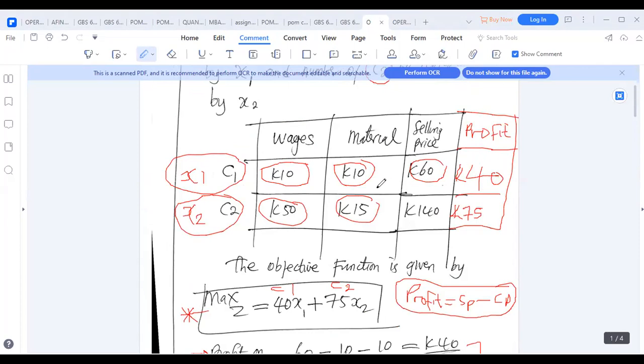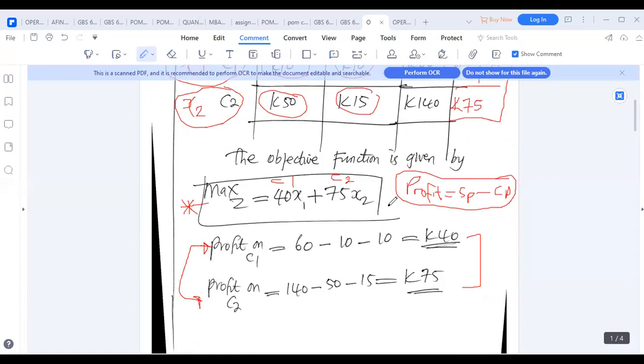Okay, so the objective function, we subtracted these. What is important is to understand the objective function. Meaning selling price minus all these costs, which is 60 minus these costs, and then 140 minus these costs, we got this one. So this is where the objective function came from.